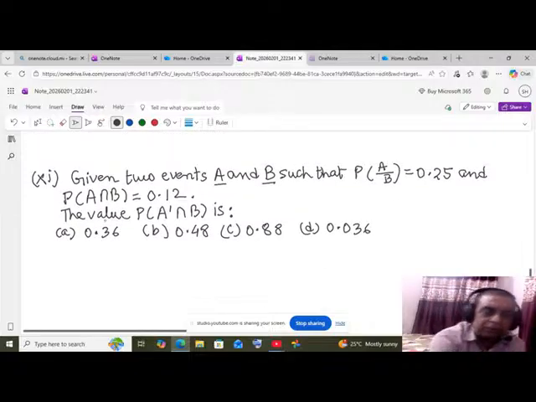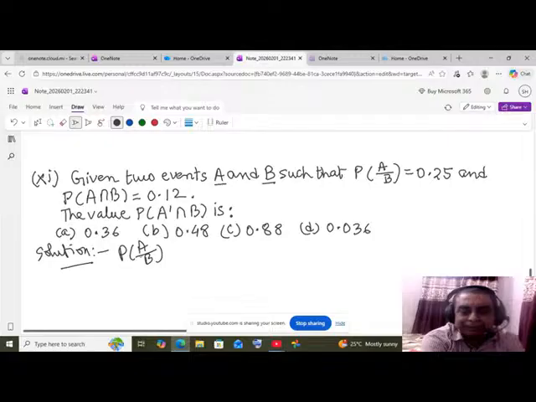Now let us start the sum. This is the conditional probability. So probability of A oblique B is the probability of happening of A with the condition that B has already occurred.